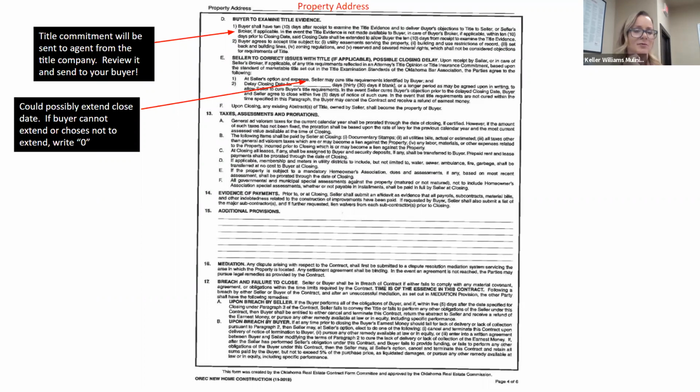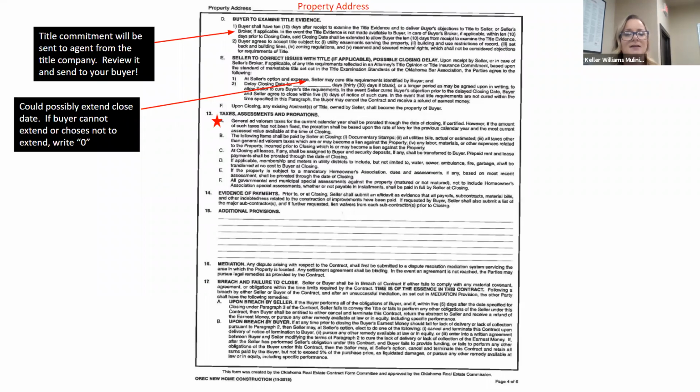Taxes, assessments, and prorations. This gets a little hairy because if it is an existing home, it's completed, they're going to assess it based on whatever it sells for. So there will be a tax calculation that they used, and they'll put, you know, what the property is selling for.